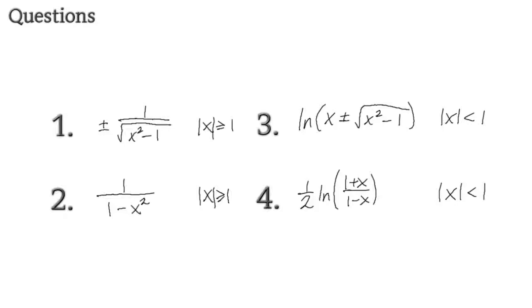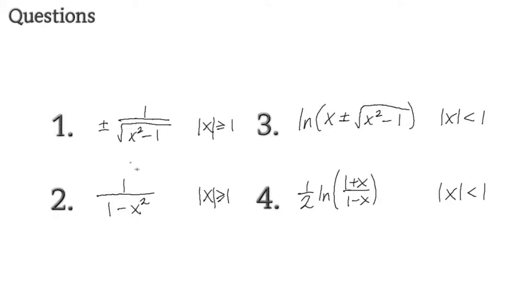The reason why the domain has to be in the form of mod x is because for the x squared term, it doesn't matter if the value of x is negative, as long as the magnitude of x is larger than 1, then the squared would be larger than the 1 that we are subtracting, which means that we have a square root of a positive number.